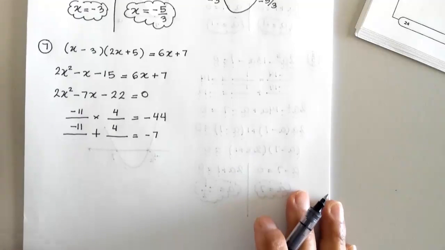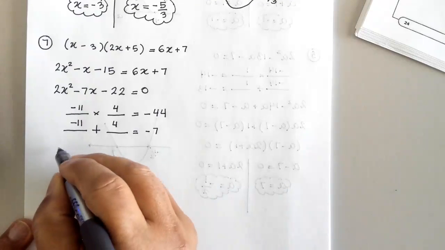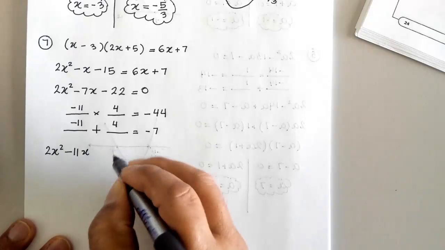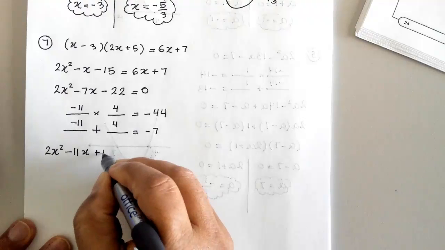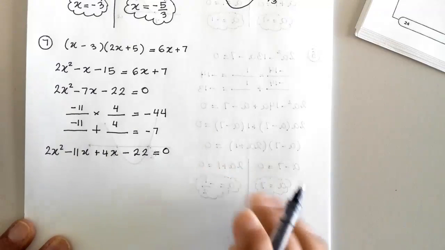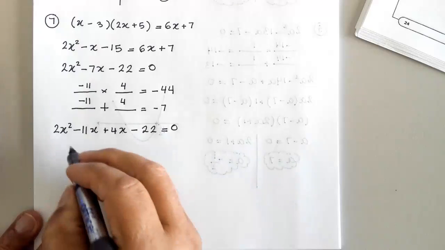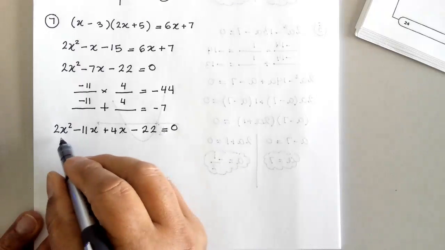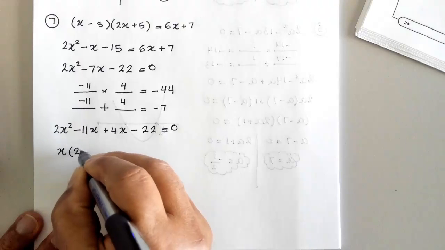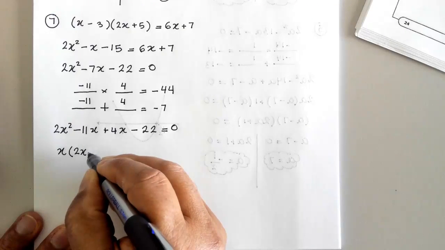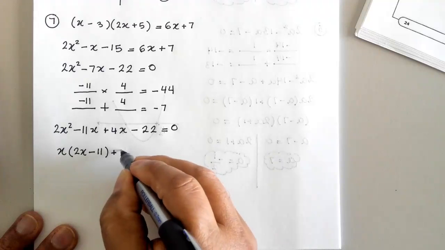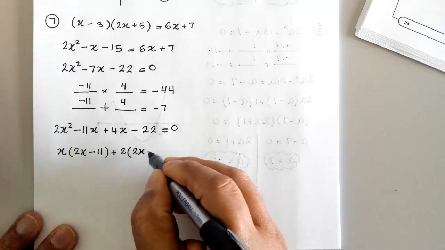All right, and then let's do what we do all the time. So we're going to do 2x squared minus 11x, and then plus 4x minus 22 equal to 0. Okay, and then we're going to have, in here we have only x as a common factor. So we're going to have x bracket 2x minus 11, and in here 2 is the common factor, so we're going to have 2x minus 11.